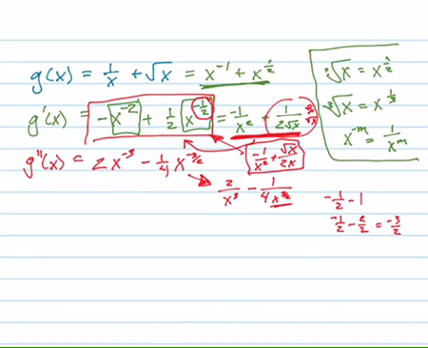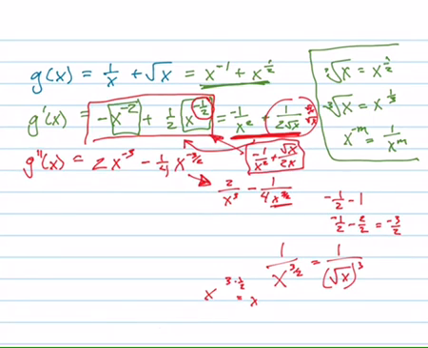what you have really, let's talk about 1 over x to the 3/2 power. There's a couple ways you can do this. 3/2 power is, you could think of it as the square root of x to the 3rd power, which is really what that is, because it's 3 times 1/2, right?